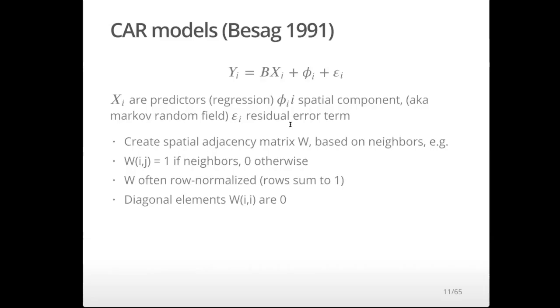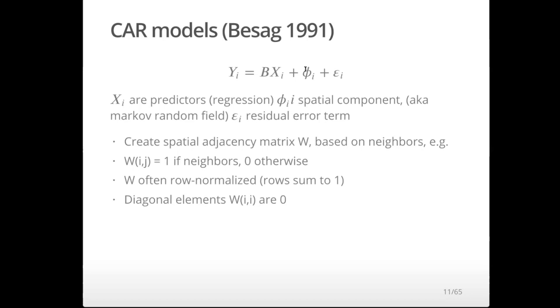The CAR models have been around for quite a while, and they're very similar to the models that Eli was just talking about, models with correlated errors. If we look at the basic equation for the CAR framework, we have some response Y, we have our regression coefficients, betas, the design matrix X, which are just our covariates, and then we have this vector phi and some residual error.